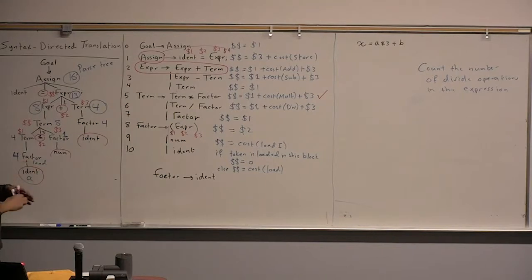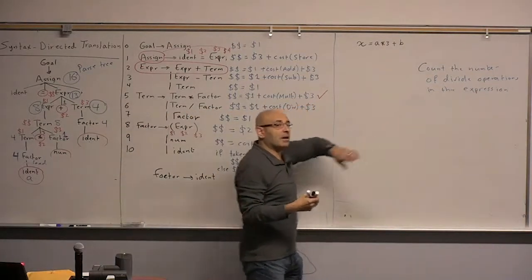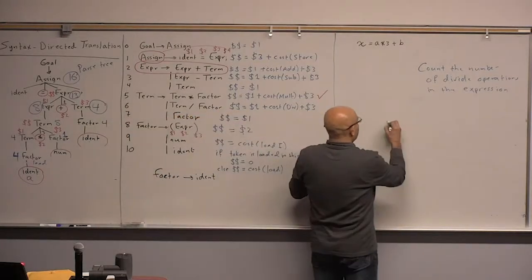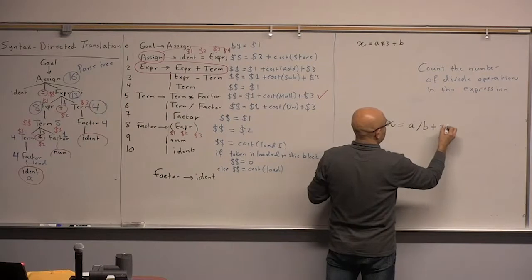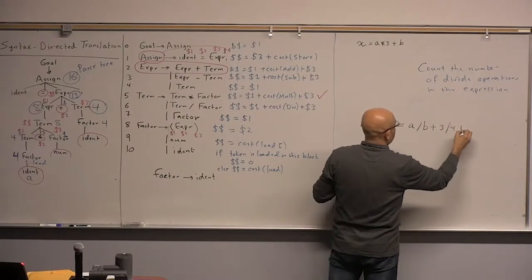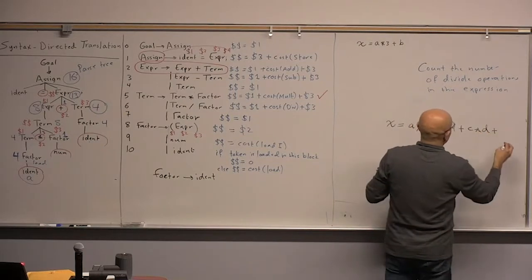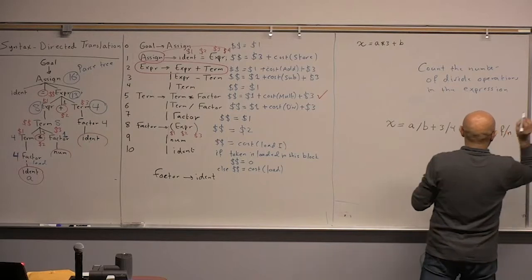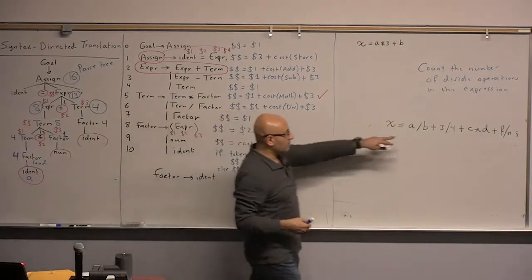So how do we modify these actions? Instead of computing an estimate of the computational cost, we would like to just count how many divides there are in an expression. So if you have an expression like x equals a divided by b plus 3 divided by 4 plus c times d plus f divided by n, then you want this to give you the value 3.